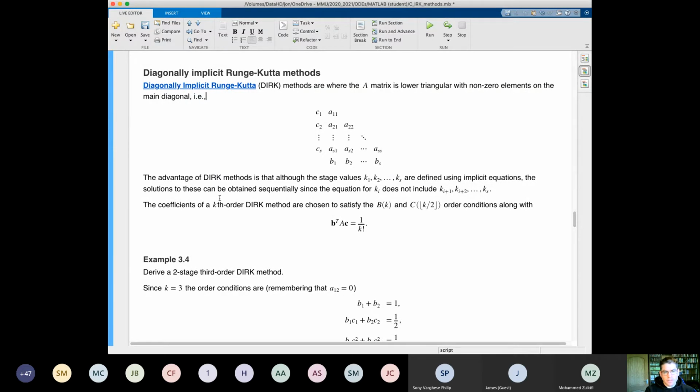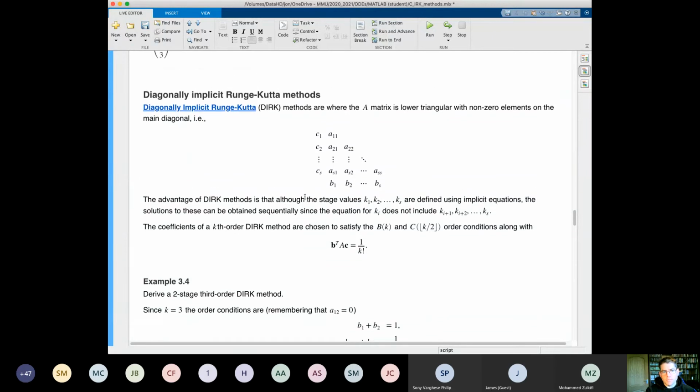So to derive the DIRK method, I've chosen to satisfy, so all the A's, B's and C's are chosen to satisfy the B and C conditions along with this. This is an additional condition.